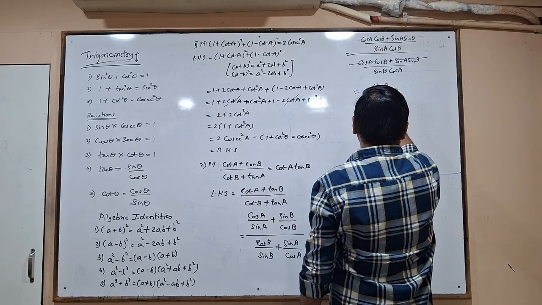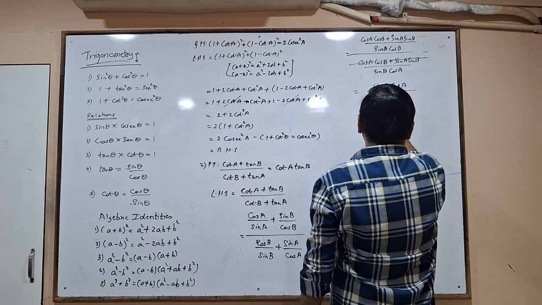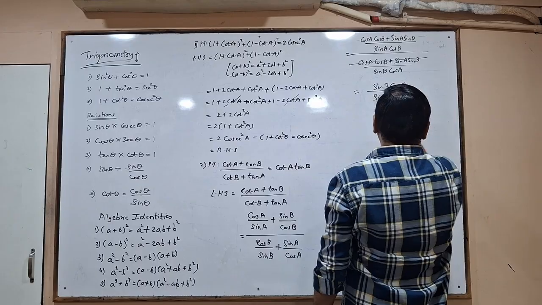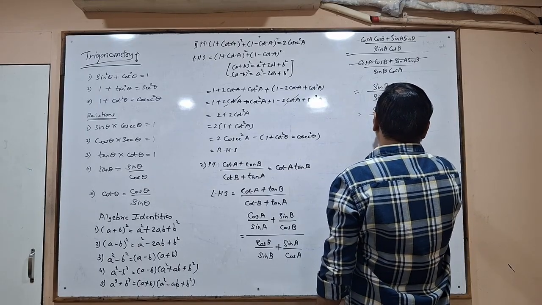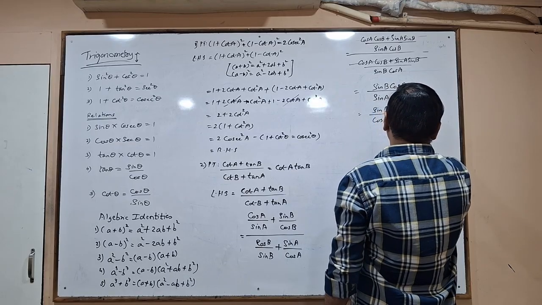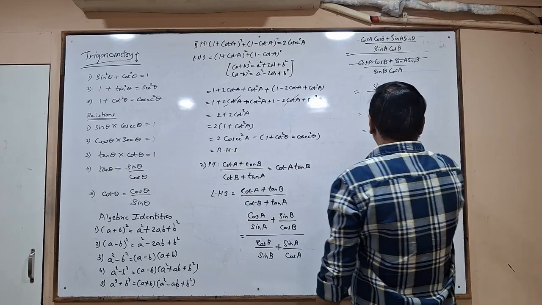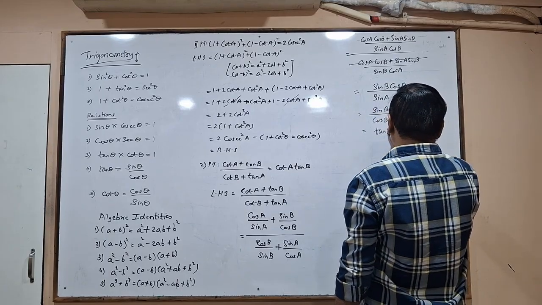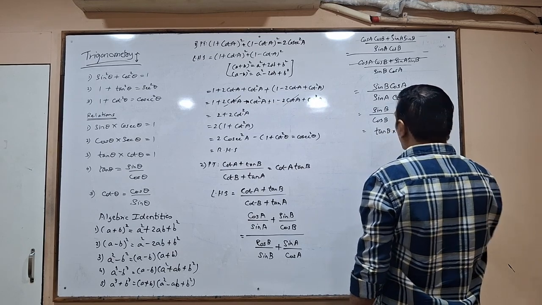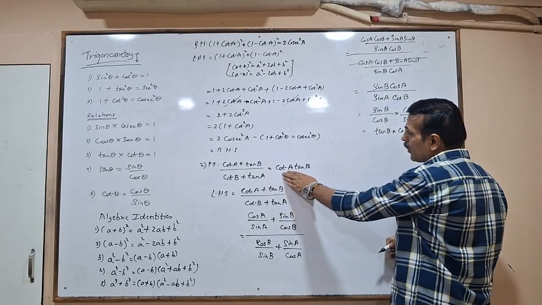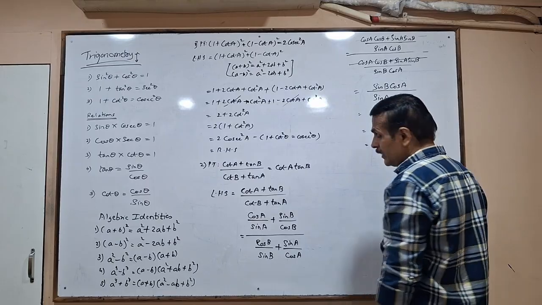So it will be sin B upon cos A, the whole upon sin A upon cos B. So it will be sin B upon cos B into cos A upon sin A. Sin B upon cos B is tan B and cos A upon sin A is cot A, which is our RHS. Cot A into tan B, which is equal to RHS.